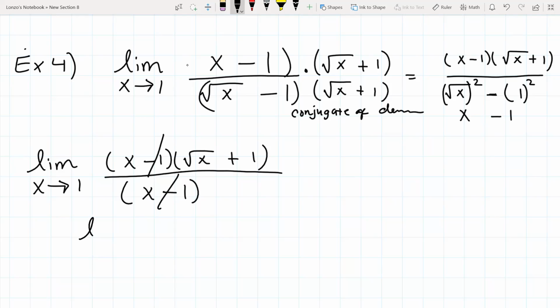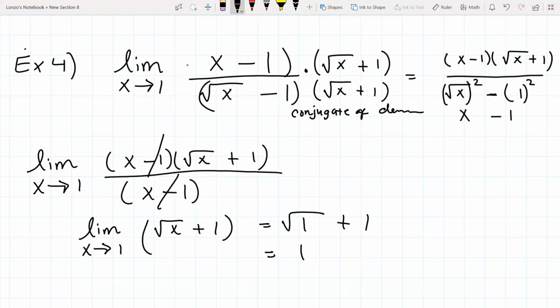So you're left with the limit as x approaches 1 of radical x plus 1. Okay, then what you could do is just plug in the x value for 1. So this would be square root of 1 plus 1. And we know the square root of 1 is positive 1, plus 1. So your final answer is just going to be 2.